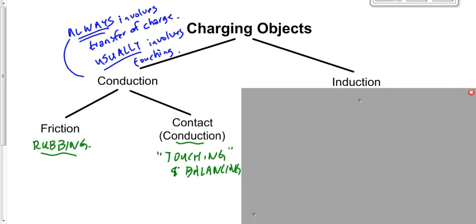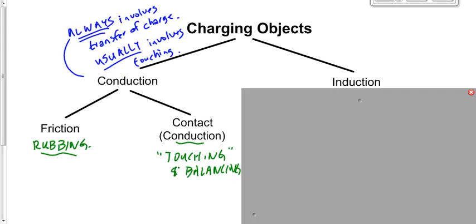We still call that charging by conduction or charging by contact, ironically, even though there's no contact being made. Usually involves contact or touching, but not always. Once again, ruled by the law of conservation of charge. Touch two things together, 5 and 9, they become 7 and 7.